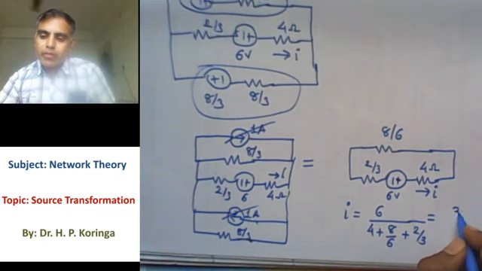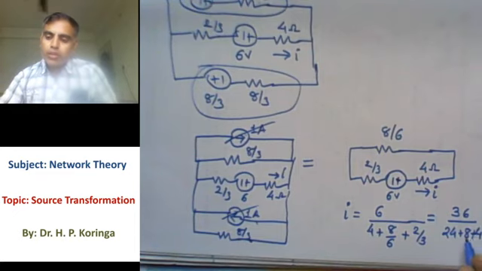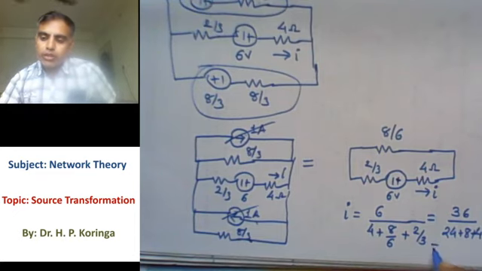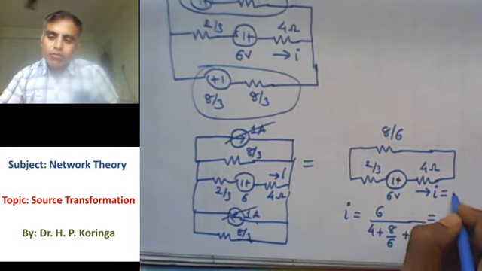So 6 multiplied by 6 is 36, divided by 24 plus 8 plus 4, so it is 12 plus 24, it is 36. So 36 divided by 36 is 1 ampere. So current I is equal to 1 ampere.